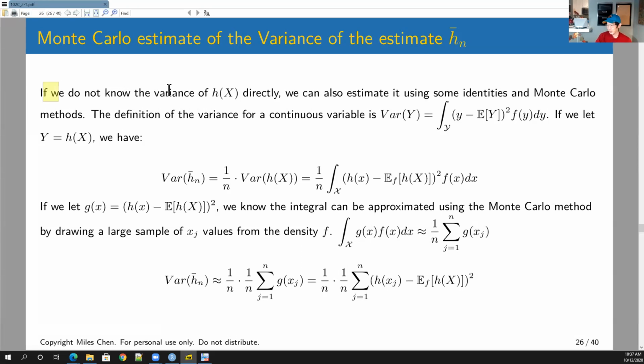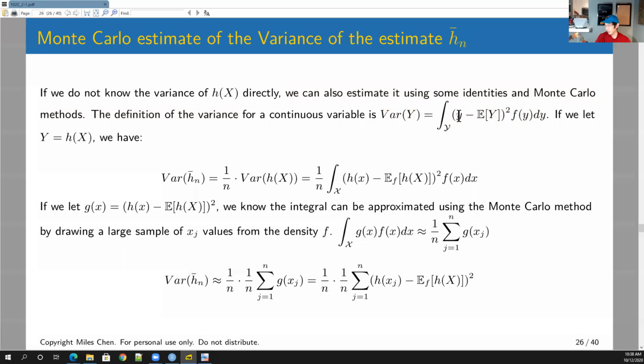All right, so if we don't know the variance of h of x directly, then we can estimate it using the Monte Carlo identities and Monte Carlo methods. And we just say, well, what's the definition of the variance? The definition of the variance is this thing. It's basically like if you say, what's the variance of y?